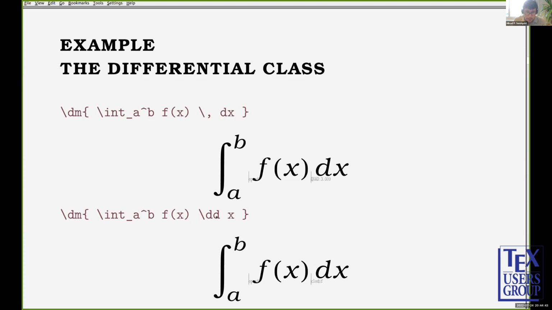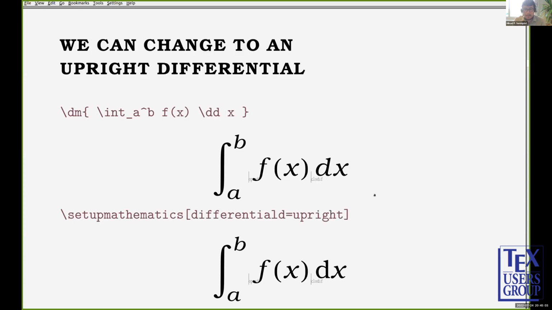So what we do now is, when you typeset it, it's more or less the same. If you do \dd, you could define that as a macro, but it automatically gives the right spacing here. So a clo diff, a clo is a close atom, a diff is the differential, and this is the small space that is inserted. I will first say that we can set it up to be upright.